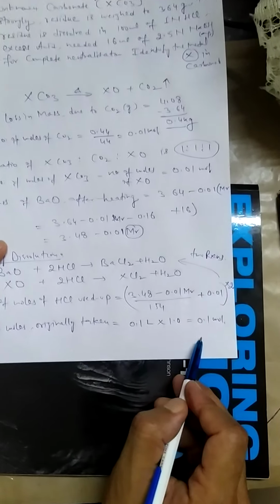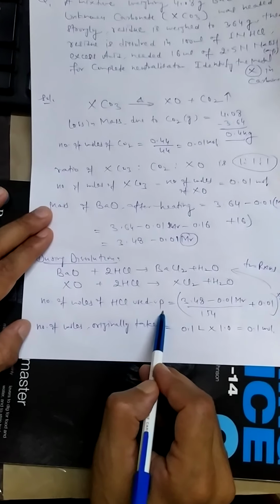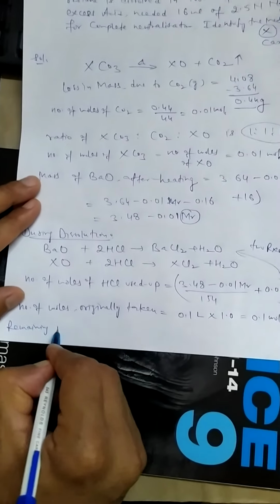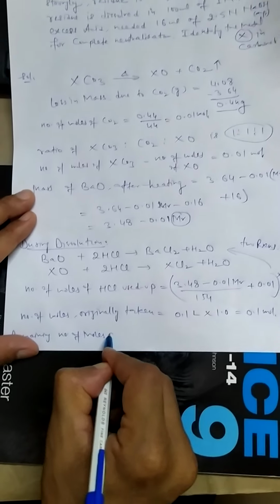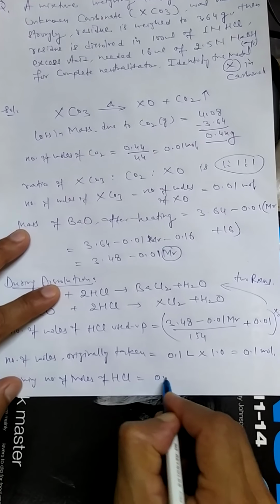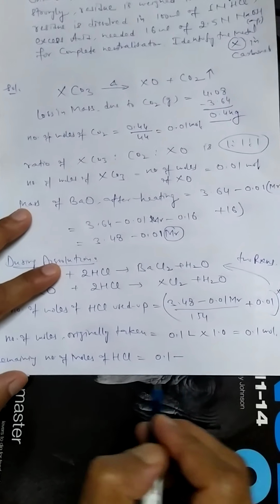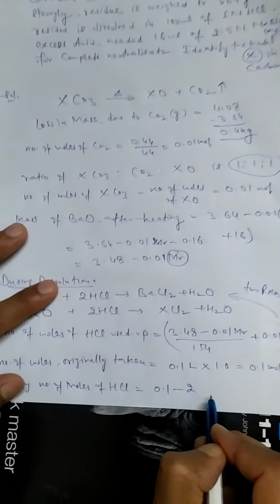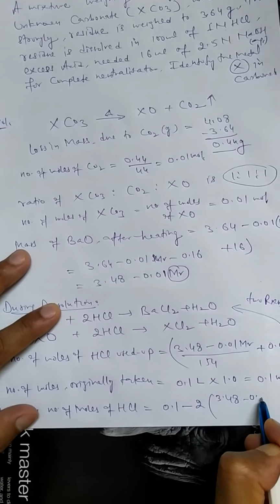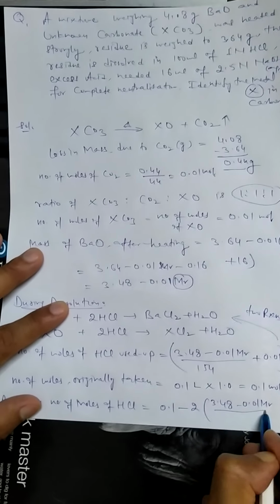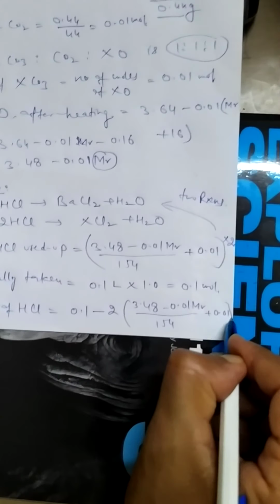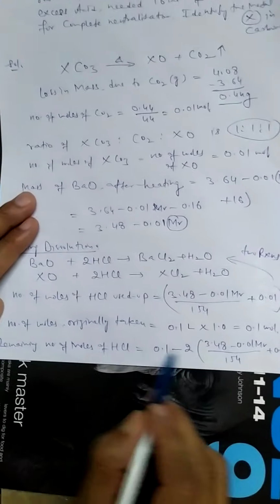This was the original number of moles of HCl taken. This one has been used up. So what will be the remaining number of moles? So remaining number of moles of HCl will be how much? So let's try to get it. It will be 0.1 minus, now this is 2 times, we just finished it, 3.48 minus 0.01 Mr upon 154 plus 0.01. So this has to be the number of moles of HCl remaining.